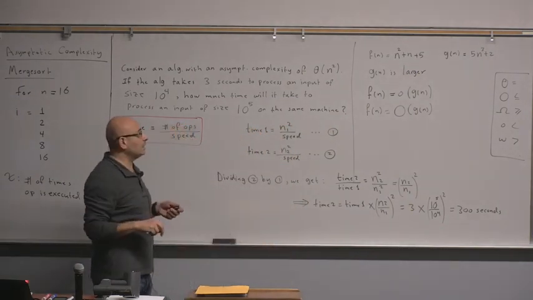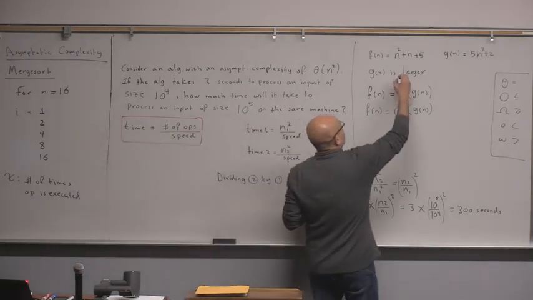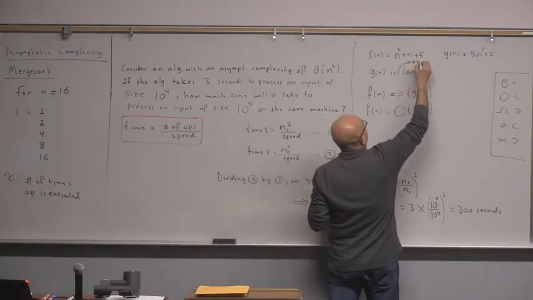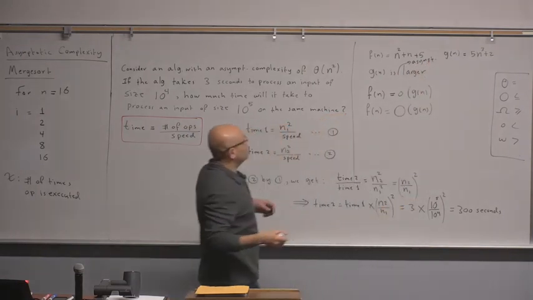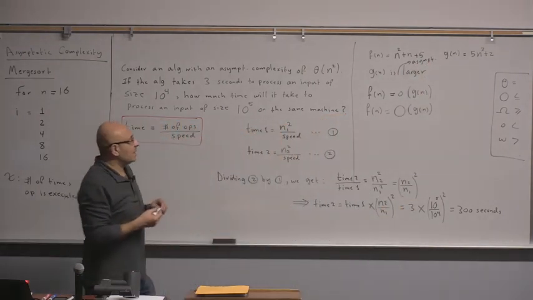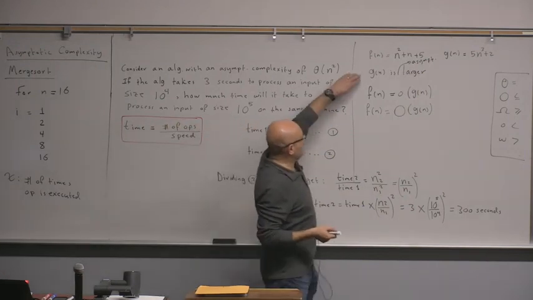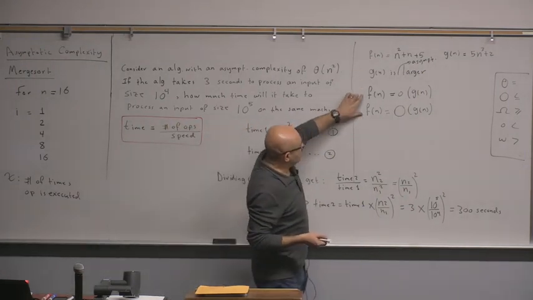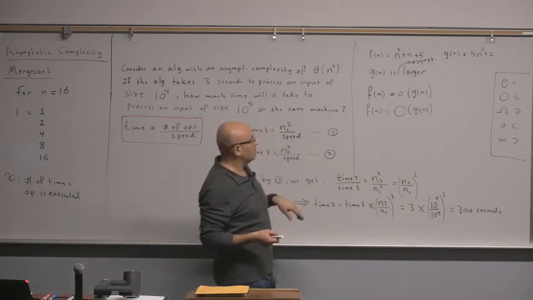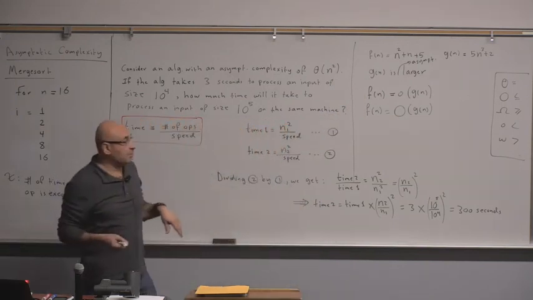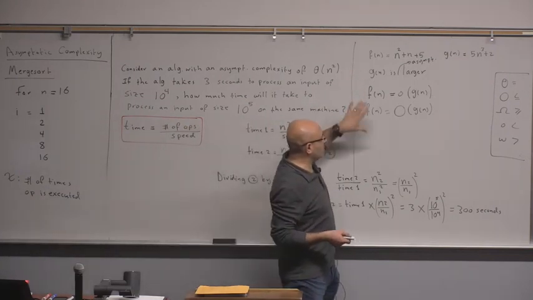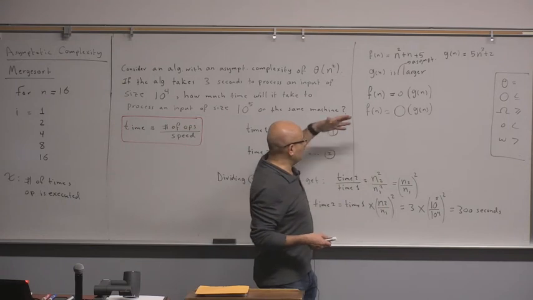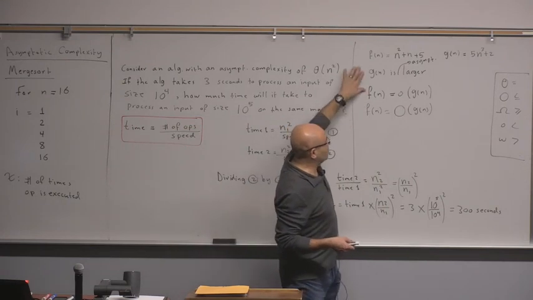It's asymptotically larger. So this is in English, and this is the mathematical way of expressing this. But make sure that you give both. You express it in English and in asymptotic notation, so that I know that you understand what the asymptotic notation means.